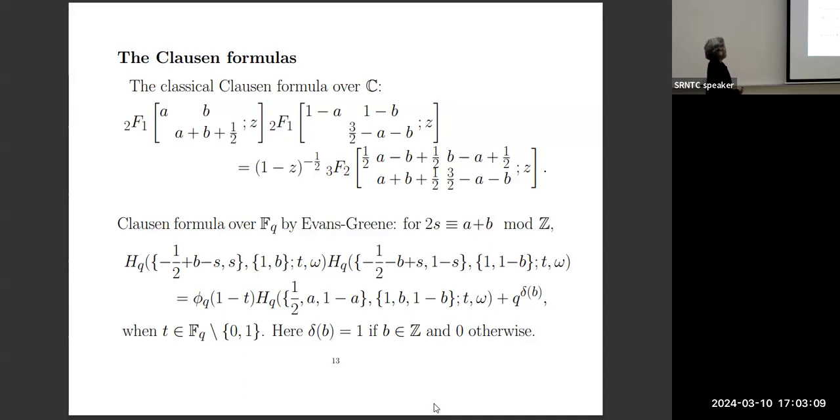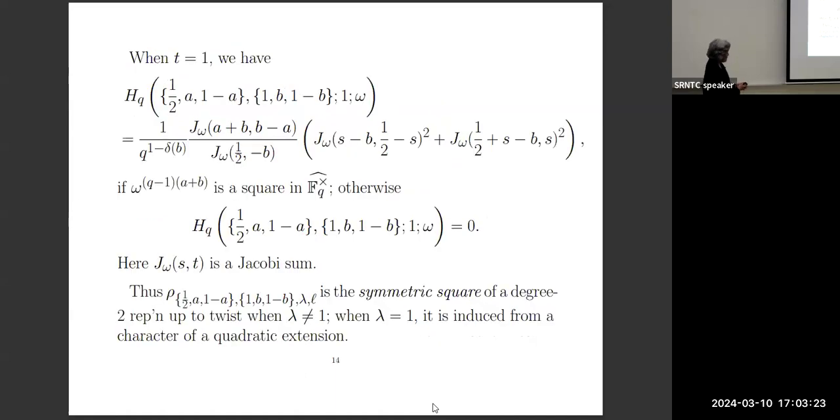So we have this identity when this parameter t comes from the finite field and is not 0 and not equal to 1. I will come back to explain the meaning of this. When t is equal to 1, the analog takes a different form.